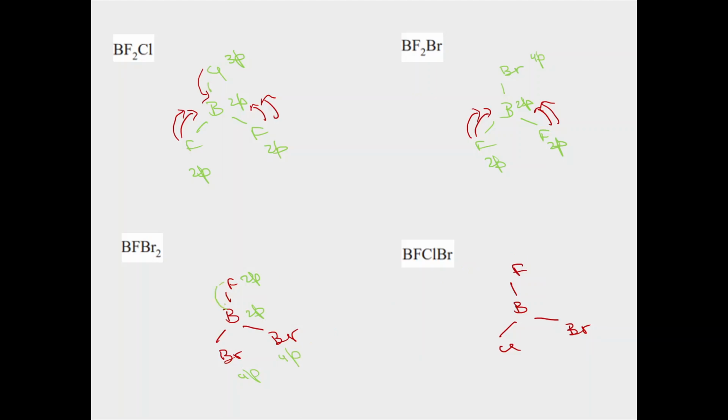This one has very nice back bonding, whereas for these two it will not be that good. And in this case 2p, 3p and 4p, which is not that effective. Now can you tell me the order of back bonding?